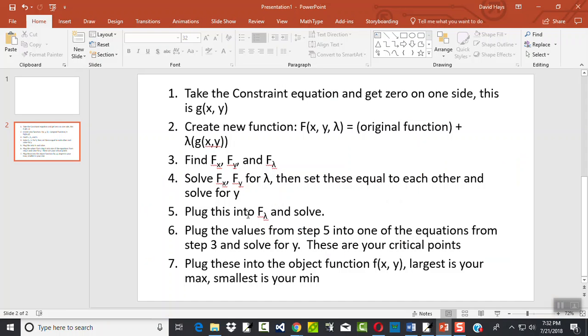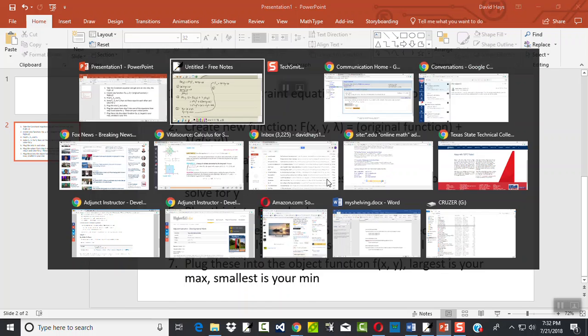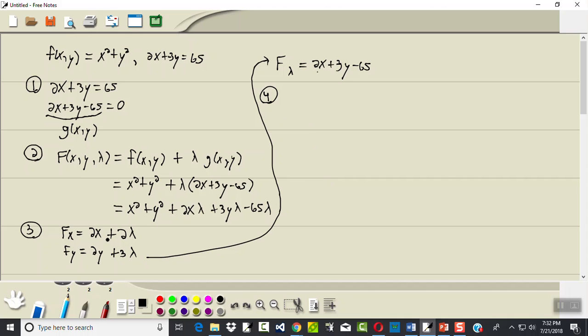Step 4. We're going to solve fx and fy, our partial of f with respect to x and partial of f with respect to y, for lambda. So these two equations right here: 2x plus 2 lambda equals 0, and 2y plus 3 lambda is equal to 0.